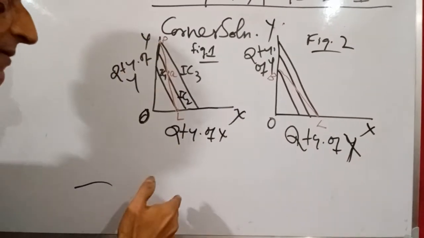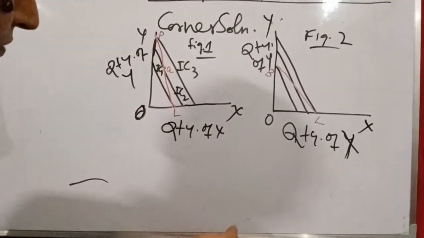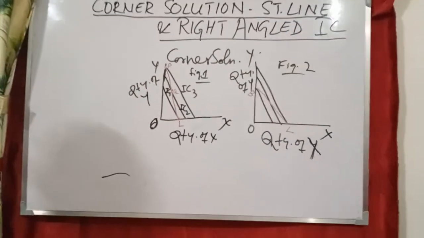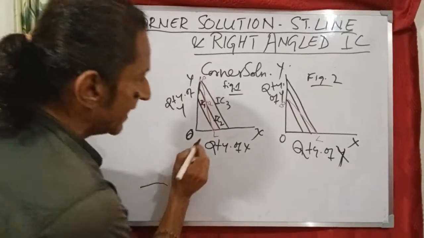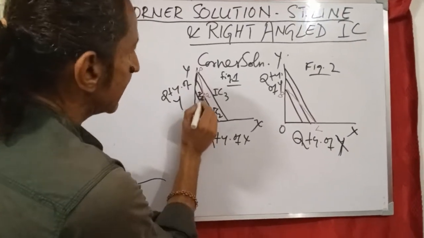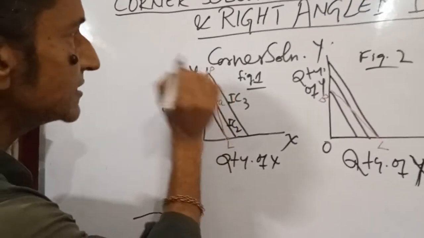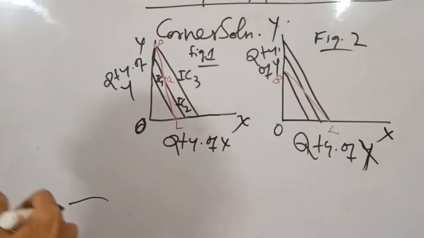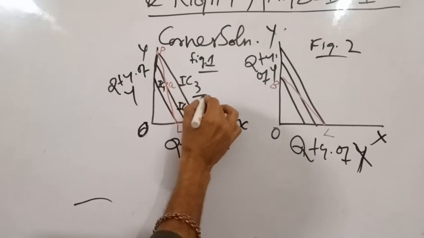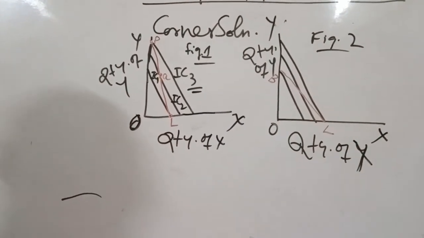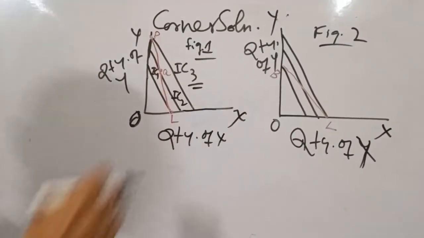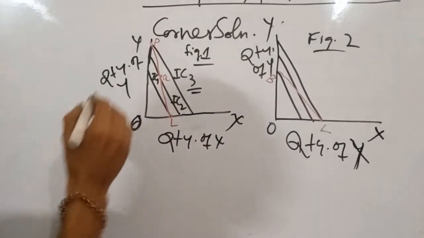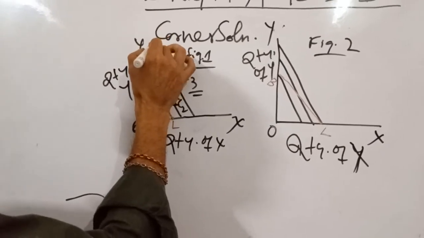Again with the same price line, the consumer can further move to the higher indifference curve IC3 and meet IC3 at point P. So A is not the point of equilibrium, but P is the point of equilibrium, because the highest possible indifference curve reachable by the budget line is IC3. Although it is not tangent, it is reachable by the budget line PL, and IC3 is the highest indifference curve. So the rational consumer will find his optimum point here.